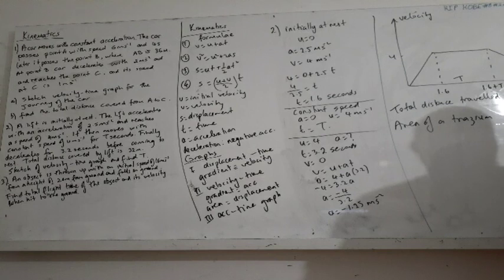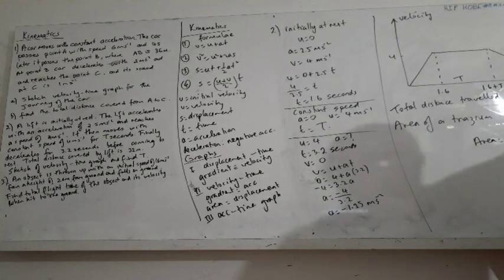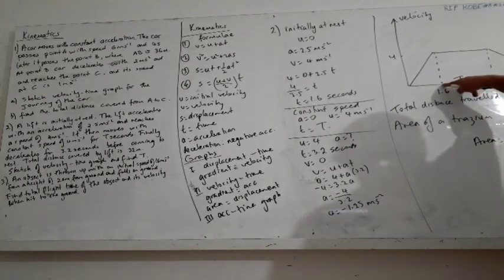If this is A, this is B, and that's the height, area is equal to (A plus B) over 2 times the height. So total distance traveled is the area under the velocity-time graph. If this is t, that distance is t there, that is going to be t as well.